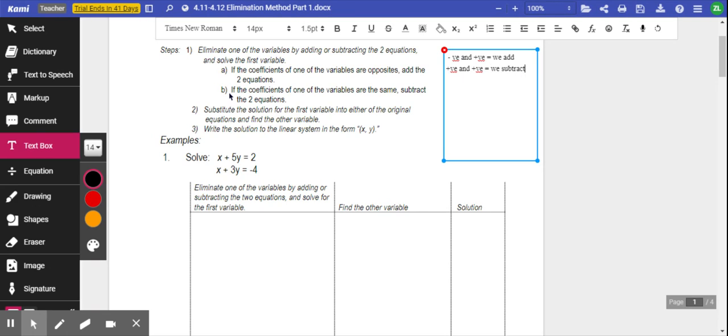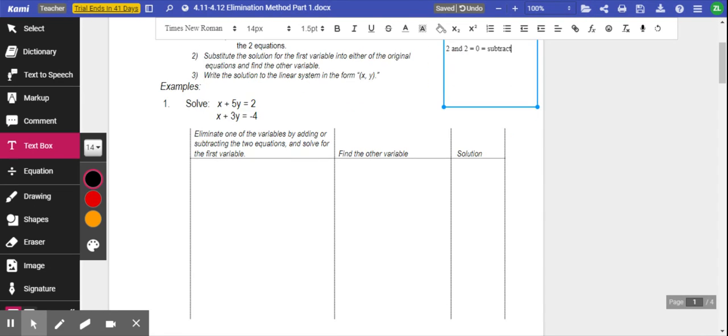And what that means, basically, is that if we have, say, -2 and +2, to get to 0, we'd add them. If we had, say, +2 and +2, to make them 0, we have to subtract them, okay? So 2 minus 2, okay?